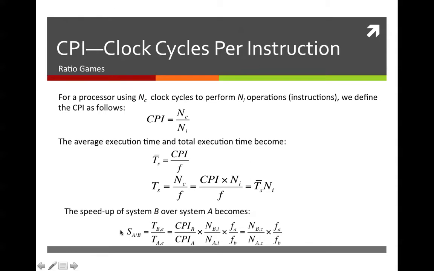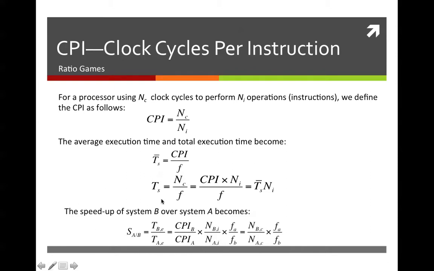And then we can compute from that the average. This is an average, clearly, because we counted the number of clock cycles, and then we counted the number of instructions, and then we take the ratio. That is a rate. That is actually an average in a way. And then we take that average divided by the frequency of our system to get ourselves the average execution time.